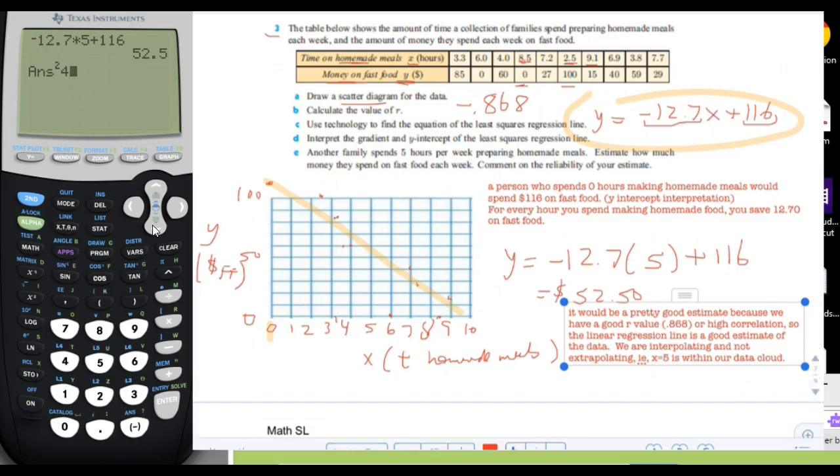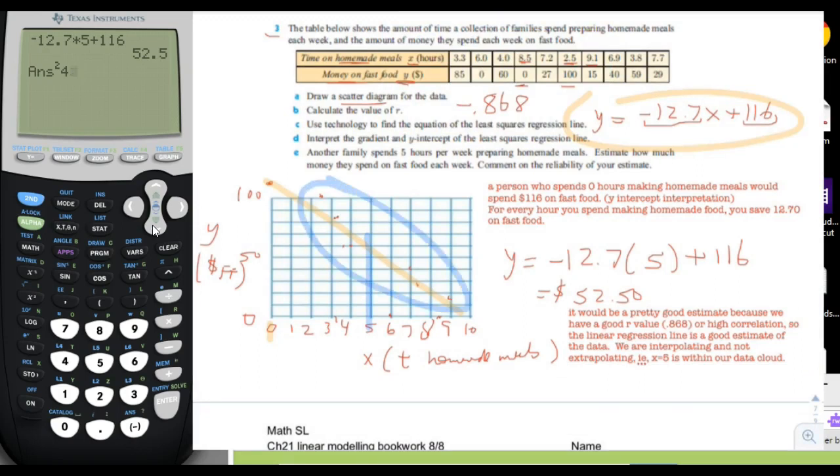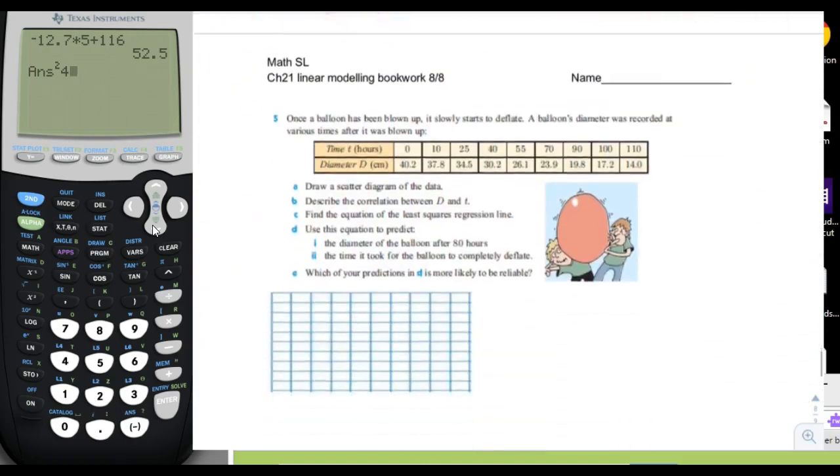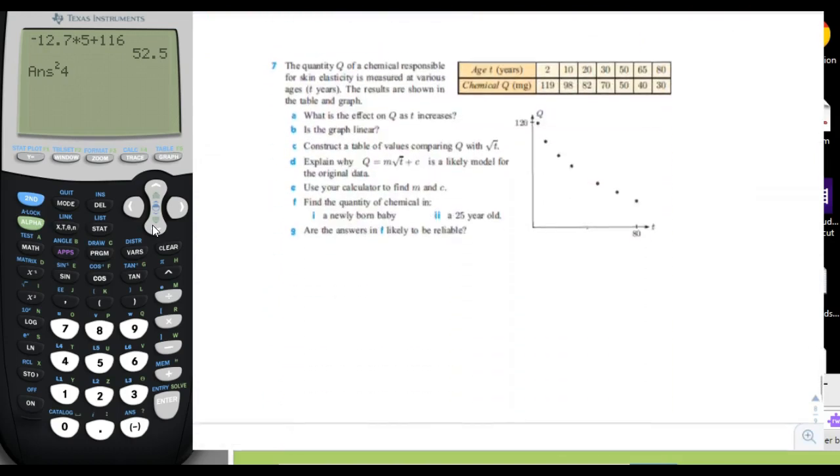Okay? It's like x equals 5 would be around here, right? So that is within our cloud of data here. So it's interpolating. So interpolating is valid. Okay? All right, let's go to number 7.